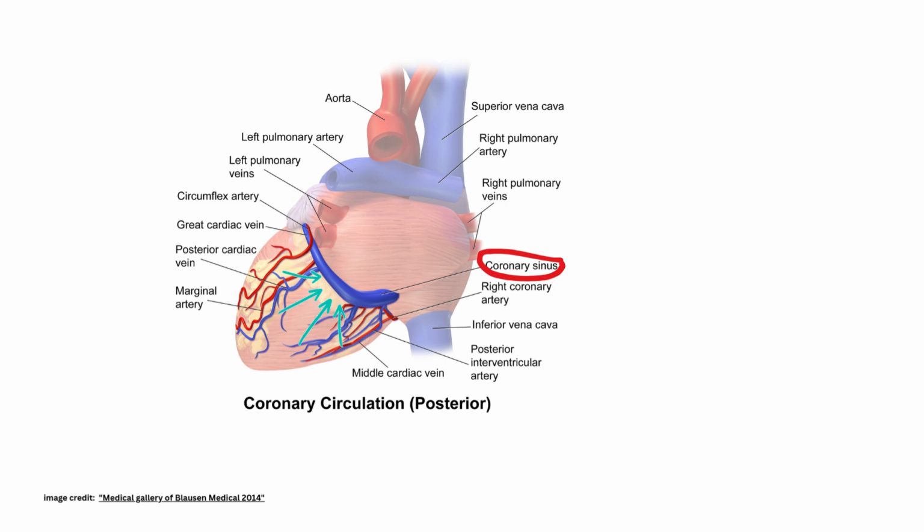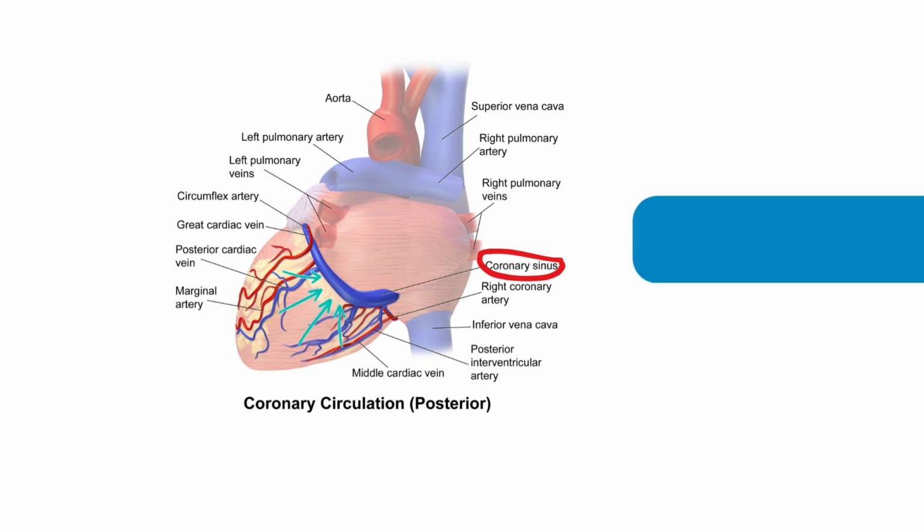So these veins all empty into this large channel we can see here on the back of the heart called the coronary sinus. Finally, this deoxygenated blood in the coronary sinus empties into the right atrium to join the heart circulation. And as we well know, the right side of the heart typically carries deoxygenated blood.